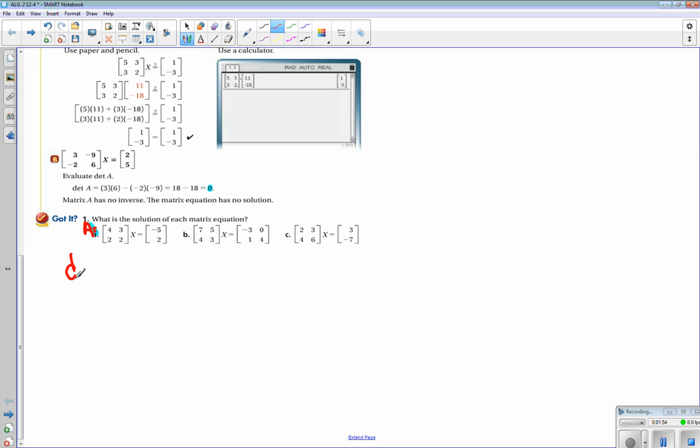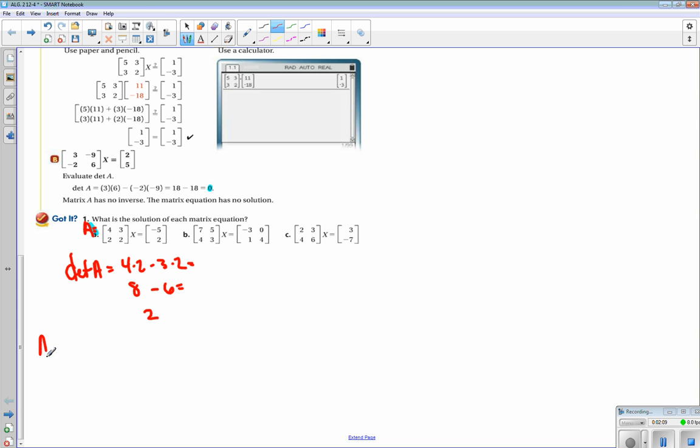So the first thing I'm going to do is find the determinant of A. That's 4 times 2 minus 3 times 2, which is 8 minus 6, which is 2.